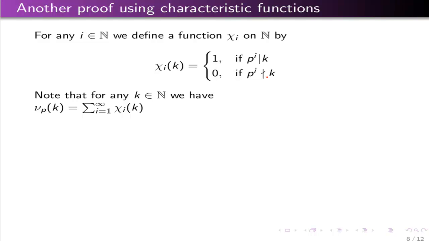So chi i is a characteristic function that identifies which natural numbers are divisible by p to the i-th power. And then we note, if I take a natural number k and I want to look at its multiplicity, so nu p of k, that would be the sum, as i goes from 1 to infinity, of chi i of k.